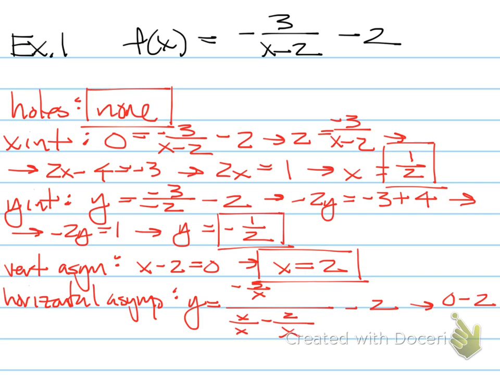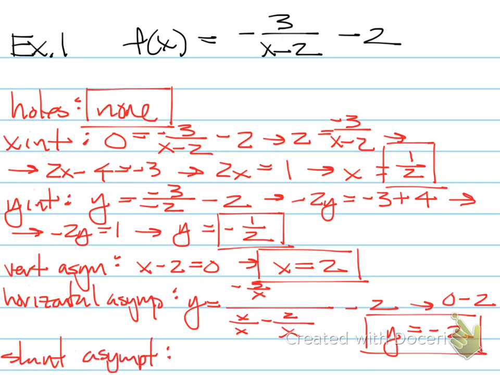So that numerator, -5x, -5 over x is going to be 0. And the denominator, x divided by x, is 1. And then we have minus 2 over x, which is going to be 0. So 0 over 1 is just 0. 0 minus 2 is -2. So there's a horizontal asymptote at y equals -2.